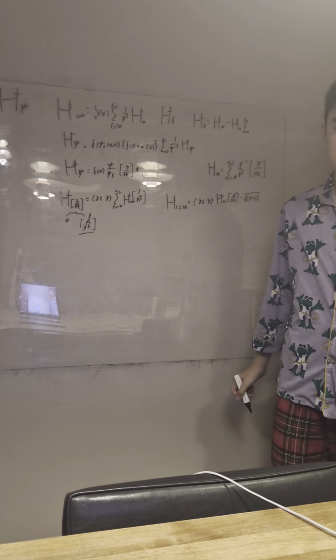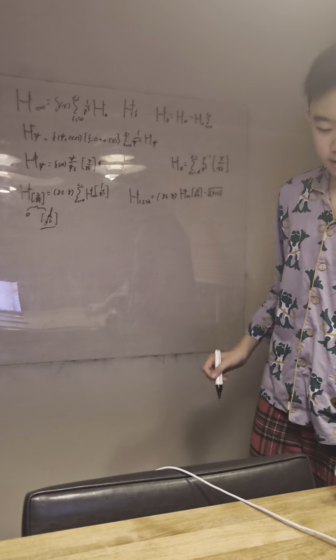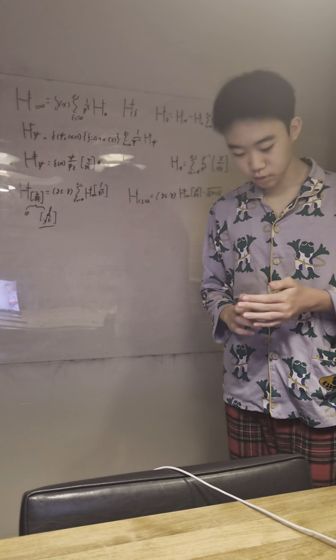This is the double Hamiltonian value of iso, right?